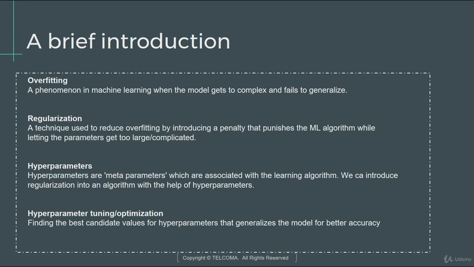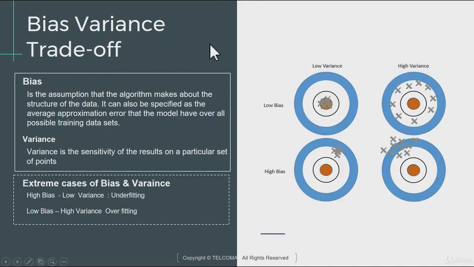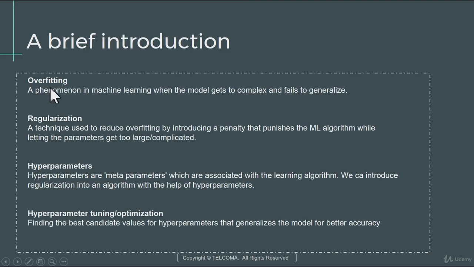So if you see the performance between the training dataset and the test dataset, you'll see significantly large differences. That's because the model has failed to generalize. So overfitting in simple terms can be defined as the phenomenon in machine learning when the model gets too complex and fails to generalize.